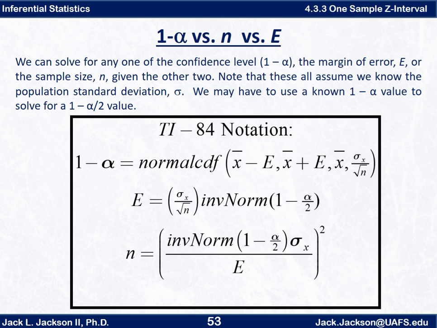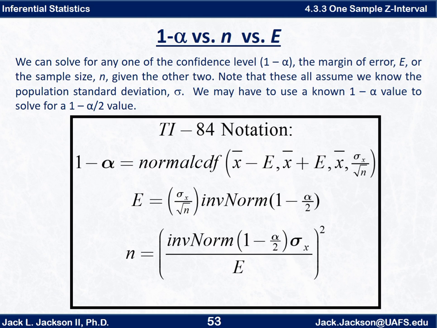And it turns out that 1 minus alpha is the probability that you go from x bar minus E to x bar plus E with a mean of x bar and a standard deviation of sigma of x's over square root of n. That's one way to get that, and use a normal CDF to get that probability. That probability is our confidence level 1 minus alpha.